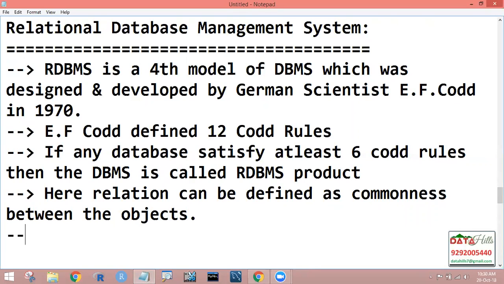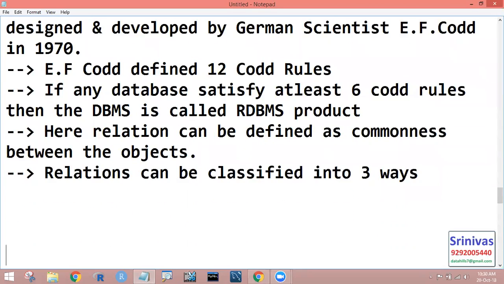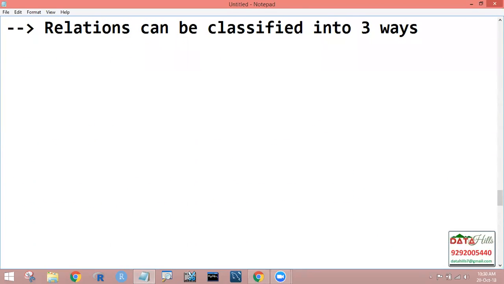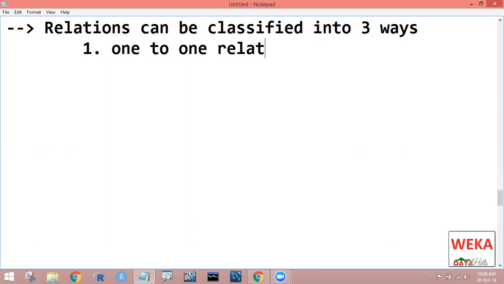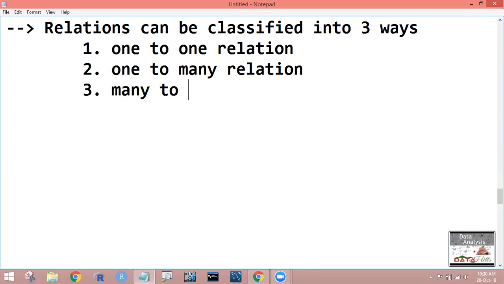These relations can be classified into 3 ways. The first one is one-to-one relation, the second one is one-to-many relation, and the third one is many-to-many relation.